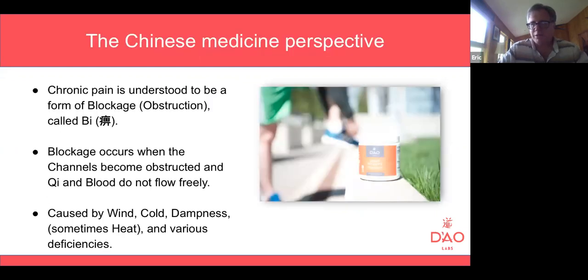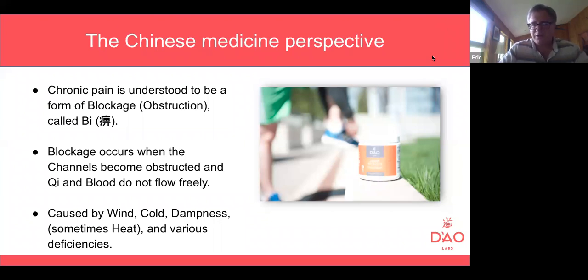So one essential concept that we need to understand to think about chronic pain in Chinese medicine is this concept of B, a B syndrome. Sometimes it's called blockage or obstruction. And this is an extremely important, extremely useful concept for thinking about chronic pain. Blockage or B syndrome or obstruction occurs when the channels become obstructed and qi and blood do not flow freely.